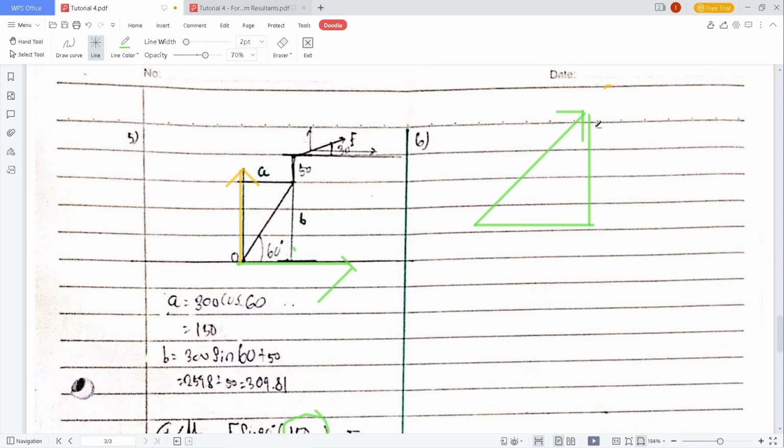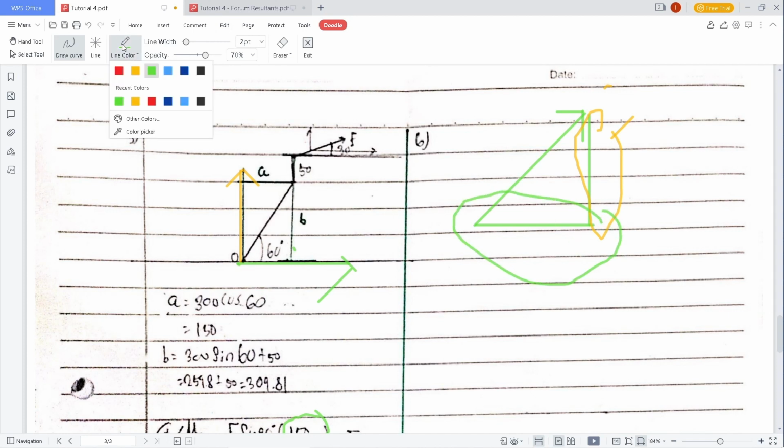You will have a component in y, indicated by this line, and a component in x, indicated by this line, and the angle will be 13 degrees.